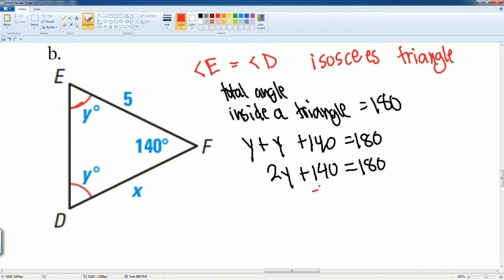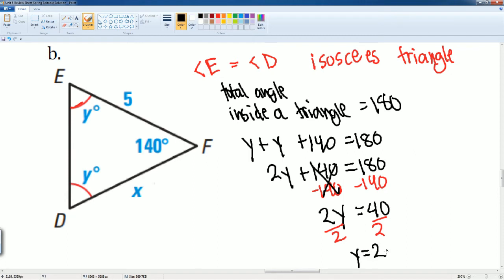Now we subtract 140. This leaves you with 2y. This cancels, equals 40 degrees. Then we divide by 2. That gets you y equals 20. Good. So we got the angles.